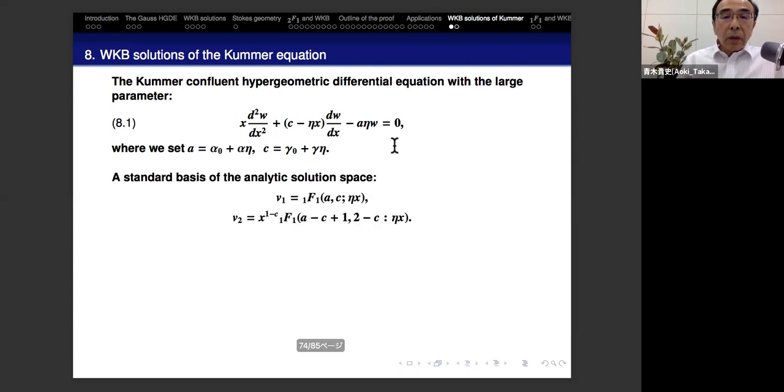A standard basis of the analytic solution space is given by the Kummer function and this one. Please note that the variable x times the large parameter, we consider such a situation.